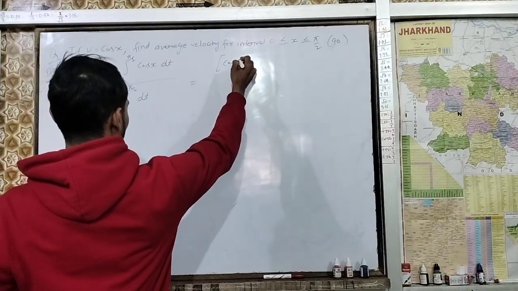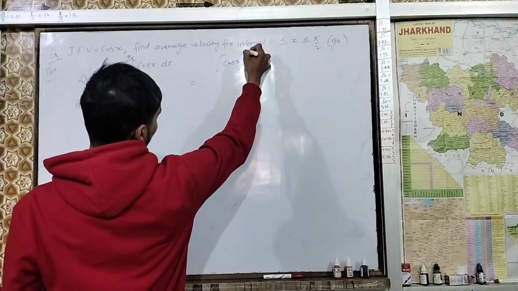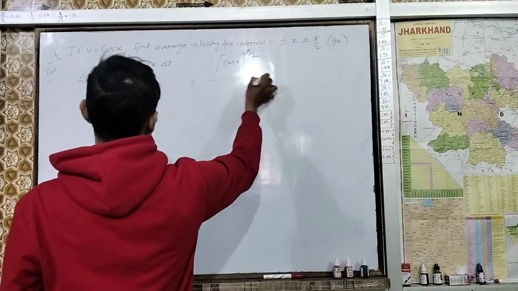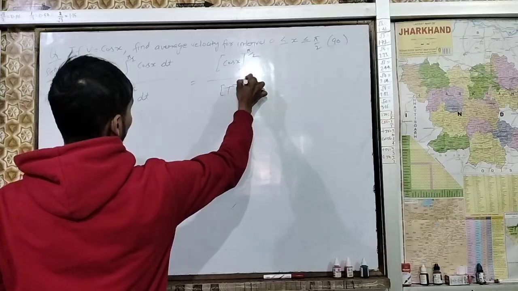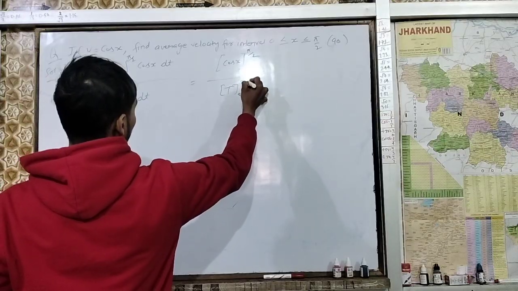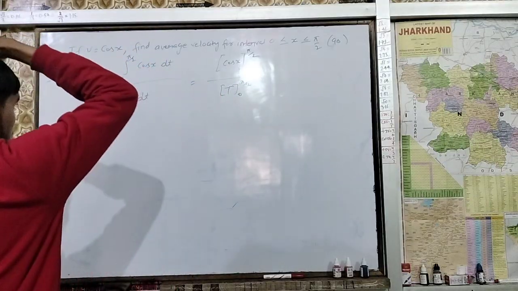Now we have cos x from 0 till pi upon 2, over t from 0 to pi upon 2.